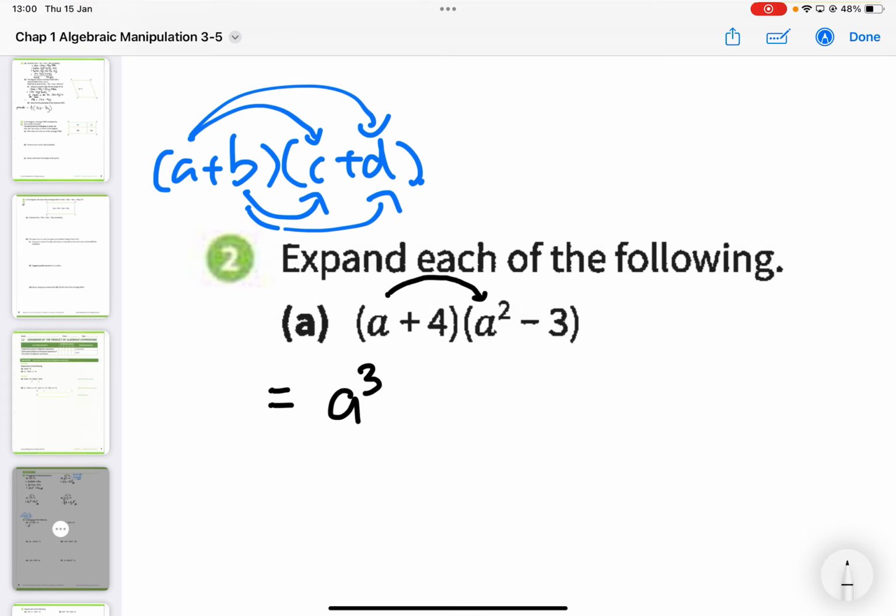So first term times first term, A times A squared is A cubed. First term times second term, A times negative 3 is minus 3A. But we still have another two terms.